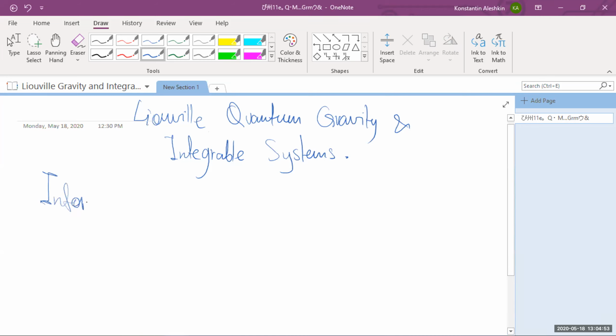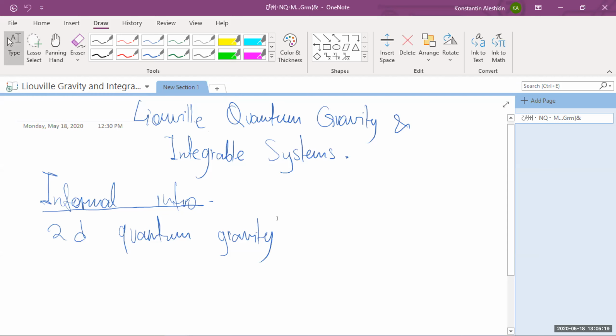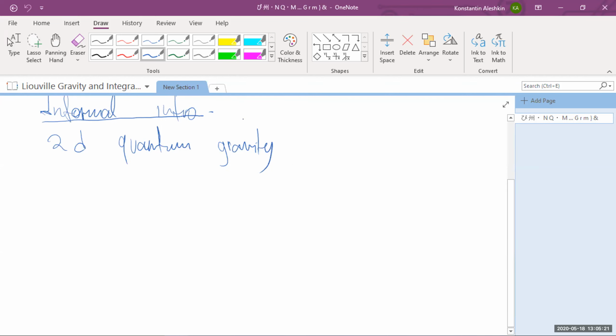So let me start with a formal introduction. This connection is motivated by the connection of different types of 2D quantum gravity. As always, please interrupt me, ask questions, and maybe make comments. So what is 2D quantum gravity?